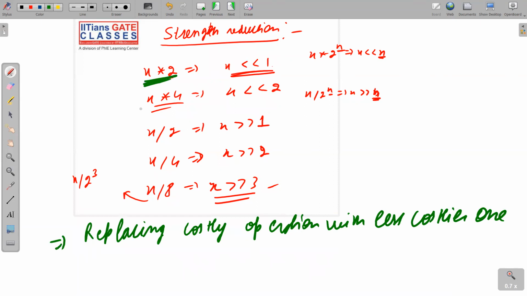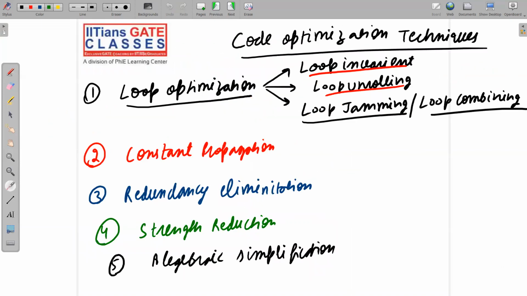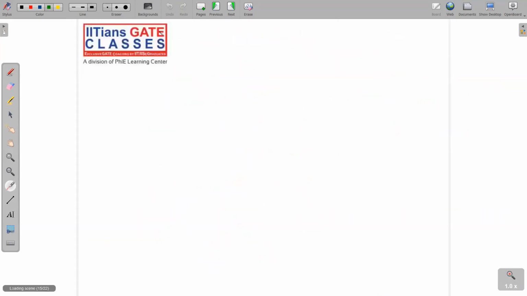This is a costly operation, obviously it will take a lot of time, and I have replaced it with a less costly one. I hope I have made the point clear to all of you. Please pause the video, note it down, and I will jump to the next slide. Last is algebraic simplification. Let me show you that also.